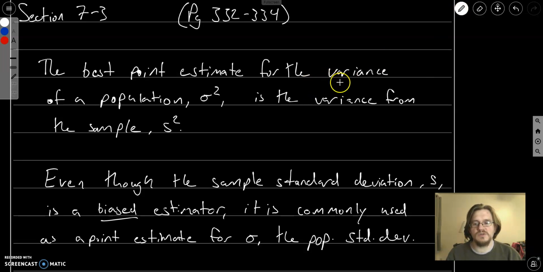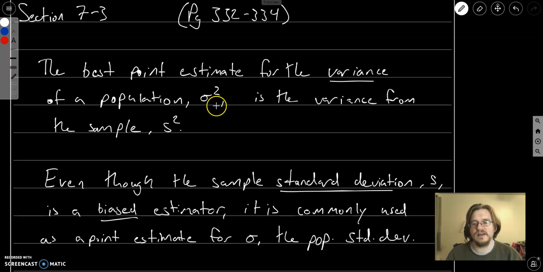When it comes to estimating variance and standard deviations, we run into a little bit of an issue. So first of all, with variance, when you calculate a sample and you find the variance of the sample, you can use it to estimate the variance of the population.